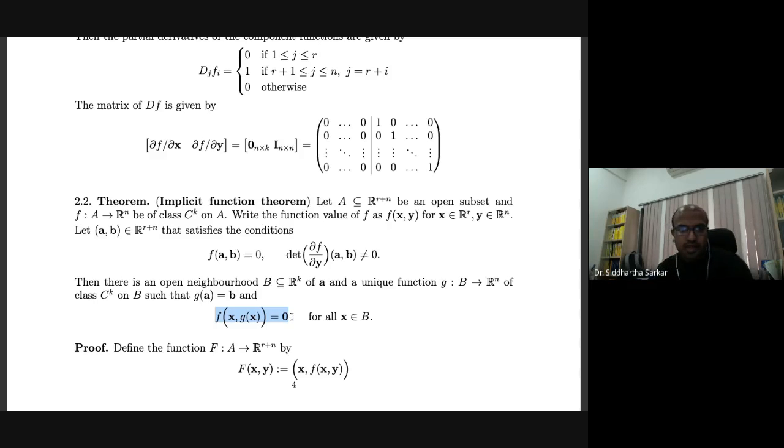So this should be thought of as the equation f(a, b) = 0, and the non-singularity condition makes sure that this equation does not depend solely on that particular discrete point, but on some neighborhood of it. So f(x, g(x)) = 0 can be solved in some neighborhood.